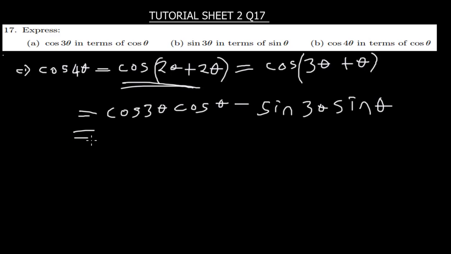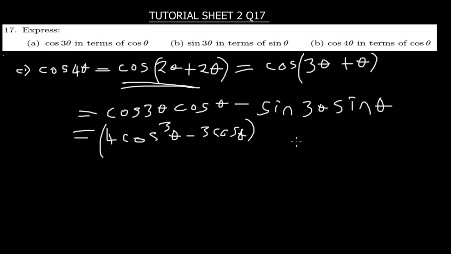We move on. So cos 3 theta, we found it to be 4 cos cubed theta minus 3 cos theta, and you put it in brackets like that.